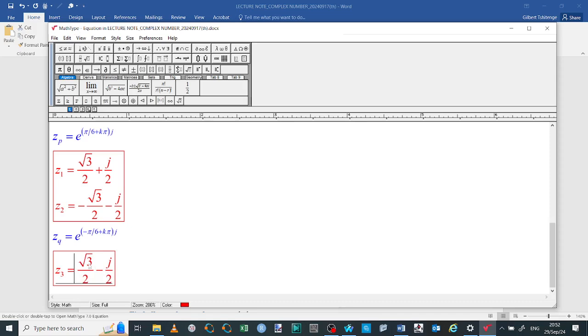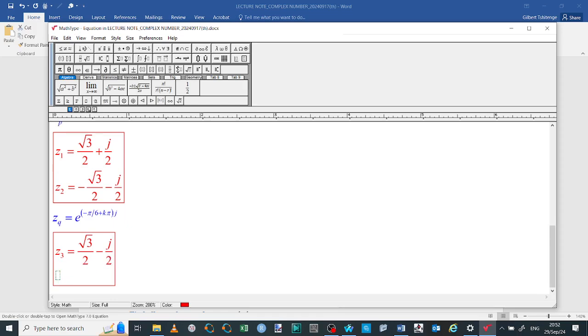Okay, I end up with this complex number. Now, if k is equal to 1, then everything becomes negative. The real part will change sign, and the imaginary part will also change sign there.